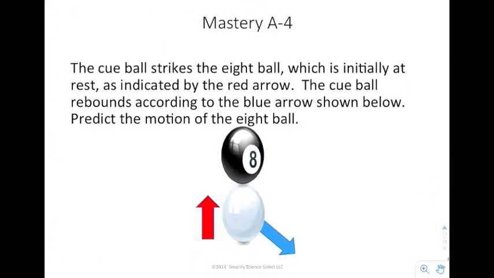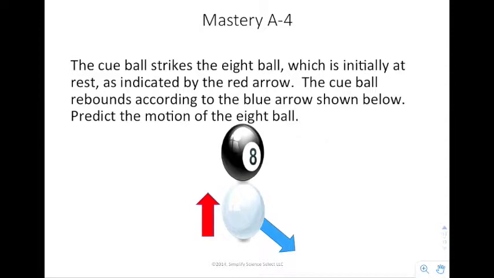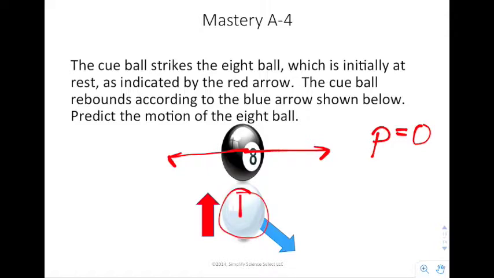Finally, it says the cue ball strikes the 8 ball which is initially at rest, as indicated by the red arrow. The cue ball rebounds according to the blue arrow. Predict the motion of the 8 ball. Okay, this is a really tricky question because the 8 ball and the cue ball together have no momentum in the y direction. The momentum is 0. The white ball does have momentum in the x direction.